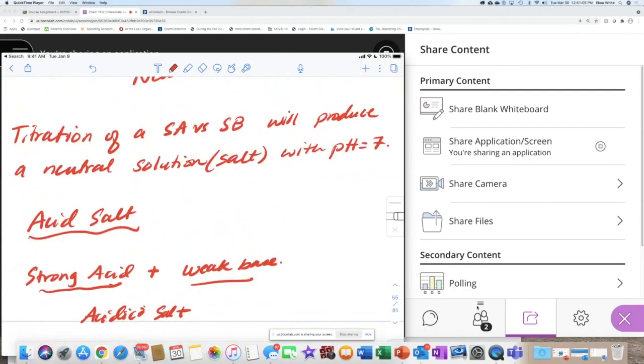Here we have titration. So in acidic salt, here we see an endpoint with a pH in the acidic region, which is less than 7. So it's consistent with an acidic salt.